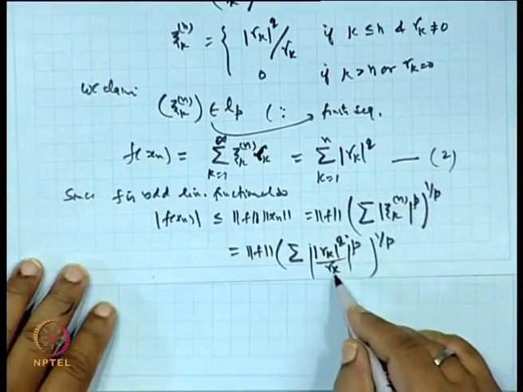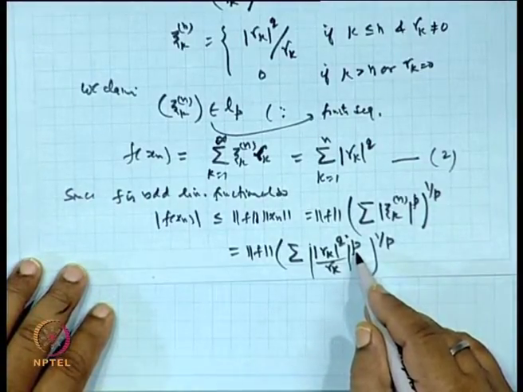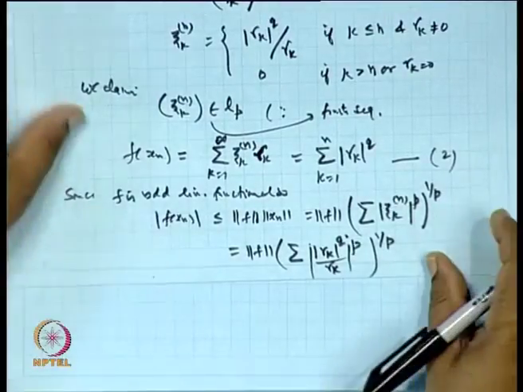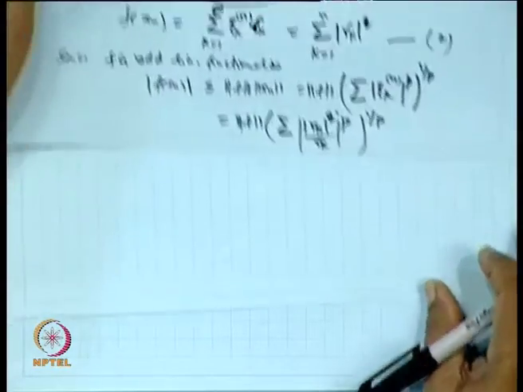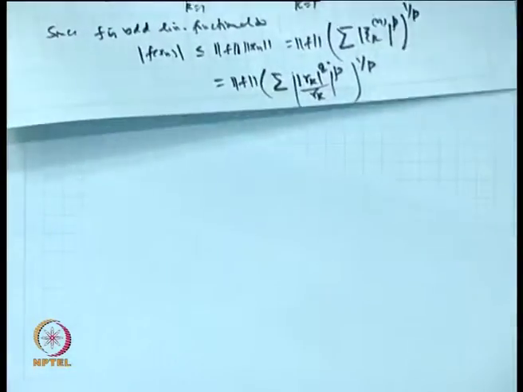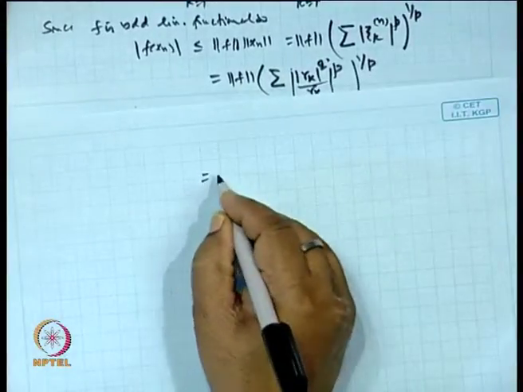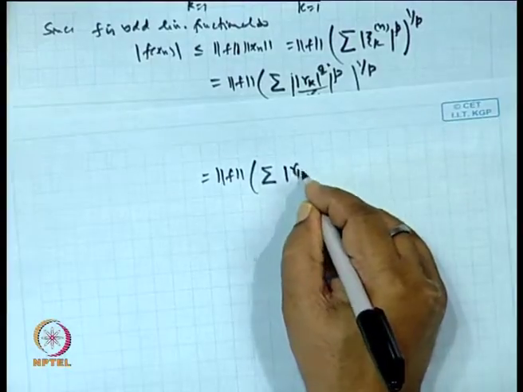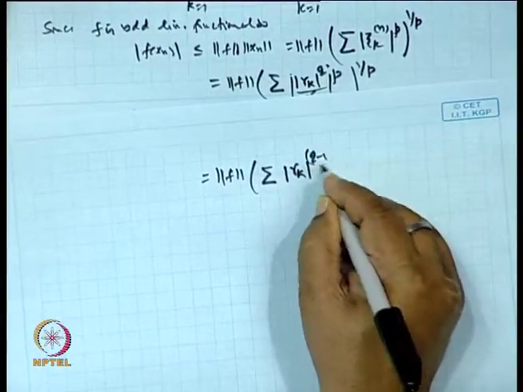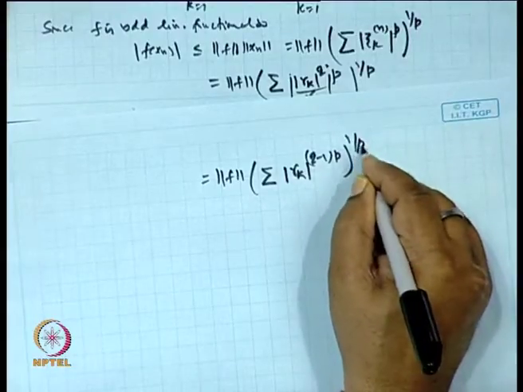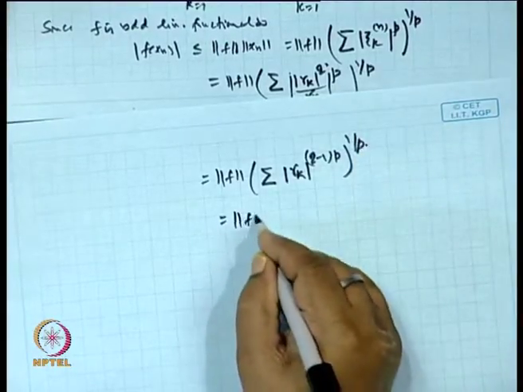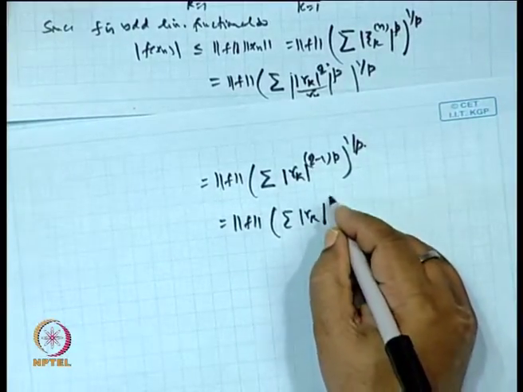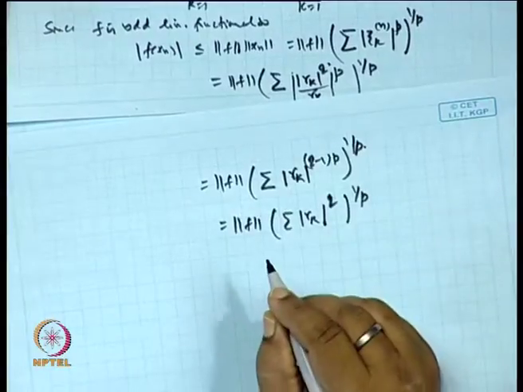So this becomes q p minus p, and p can be taken out as q minus 1 into p. So, what we get is norm of f times sum of mod gamma k power q minus 1 into p, raised to the power 1 by p. But q minus 1 into p is nothing but q, since 1 by p plus 1 by q is 1. This is q power 1 by p.